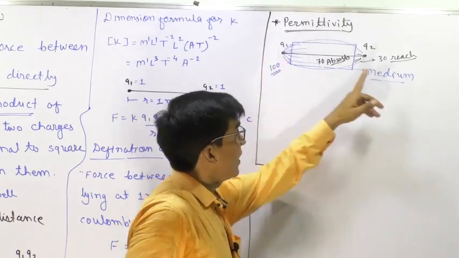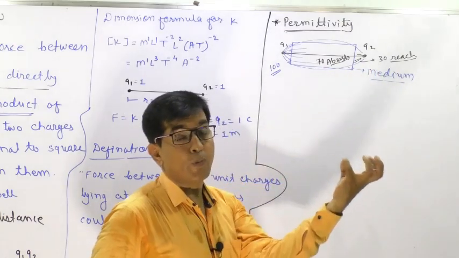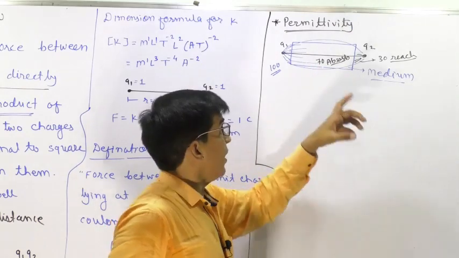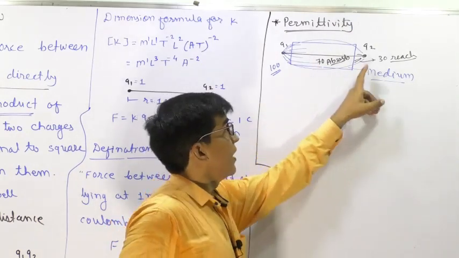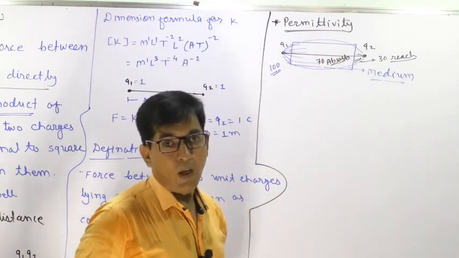If 80 is absorbed, then 30 threads will reach here, which means the force becomes weaker and permittivity becomes high. So permittivity high, force less; permittivity less, force high.